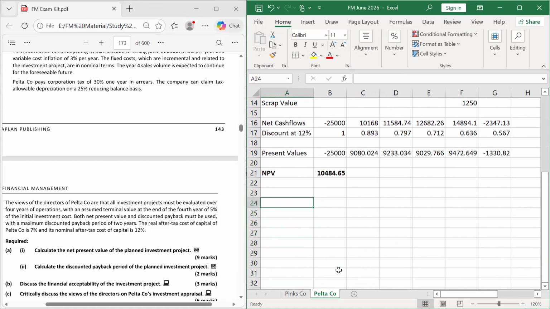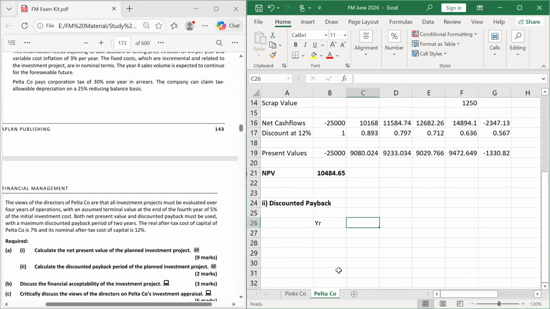Then comes the second part, in which you have to calculate the discounted payback. You should remember that for the discounted payback, I told you a format: years, cash flow, discount factor, present value, cumulative present value, right?